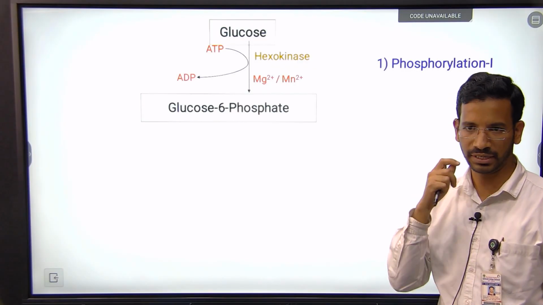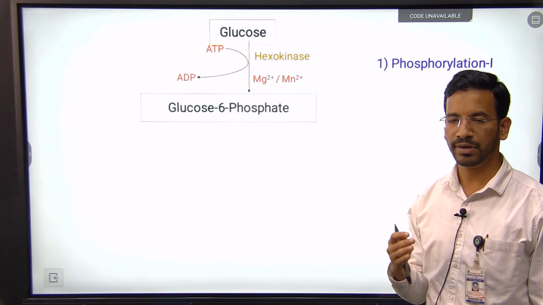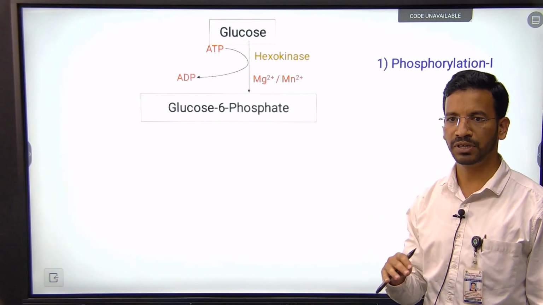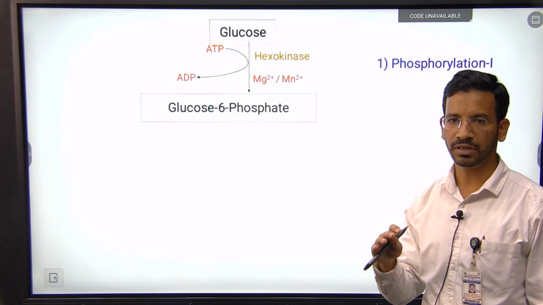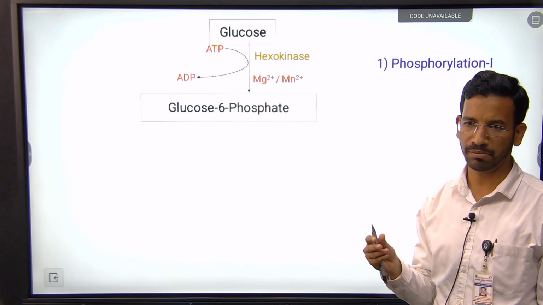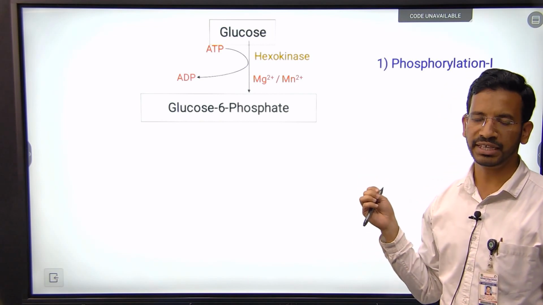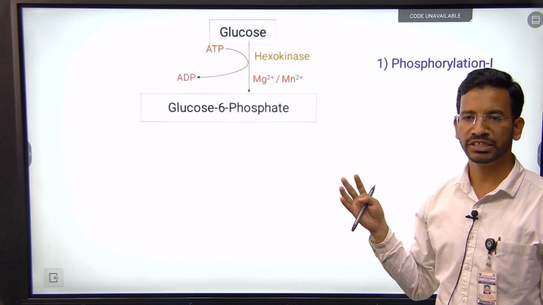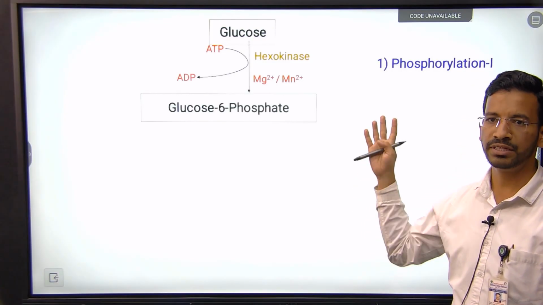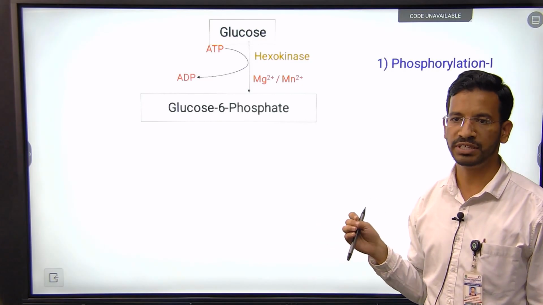One ATP will be utilized and converted into ADP. So hexokinase enzyme transfers the phosphate from ATP to the glucose. Ultimately at the 6 number carbon of glucose, one phosphate group will be attached. This hexokinase enzyme requires magnesium or manganese ions for its enzyme action. This first step is called phosphorylation, where the addition of phosphate into the compound is taking place.